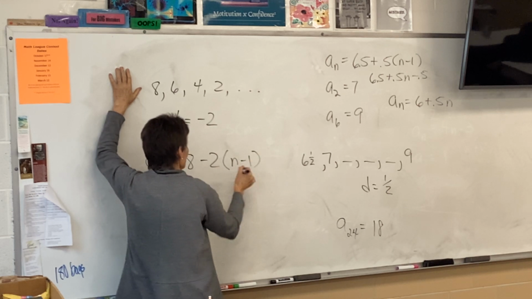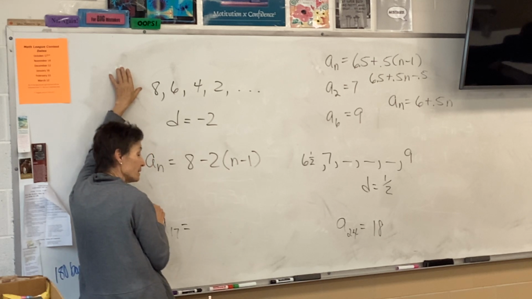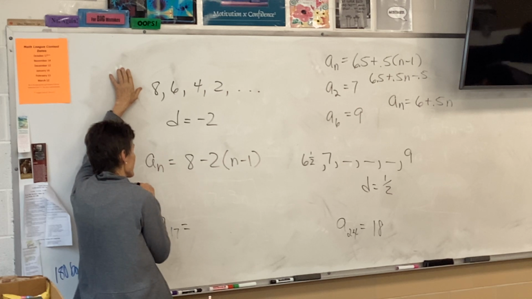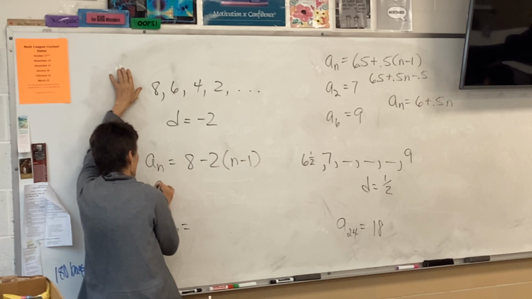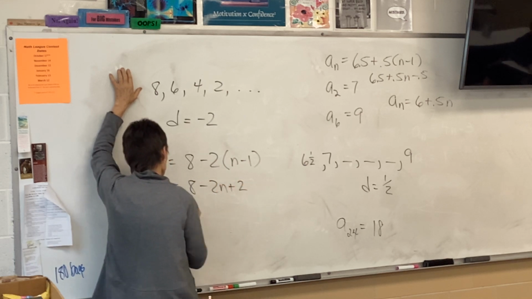Well, for the 17th term, it's going to be that, but we want the formula first, so we have to leave an n in it. Okay, we need to talk about this here, just hang on, make sure this does what we need it to do. So, a sub n is gonna be 8 minus 2n plus 2.